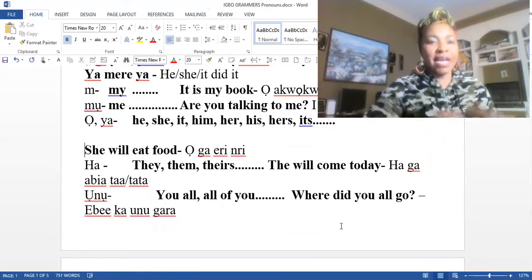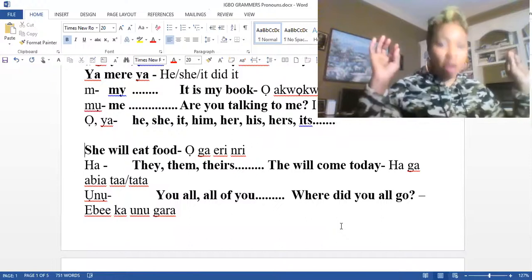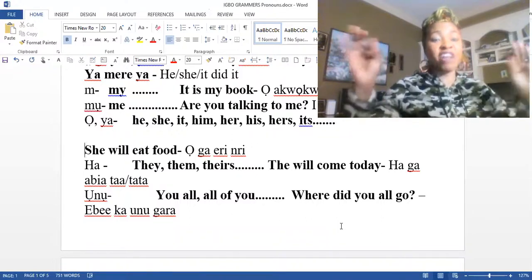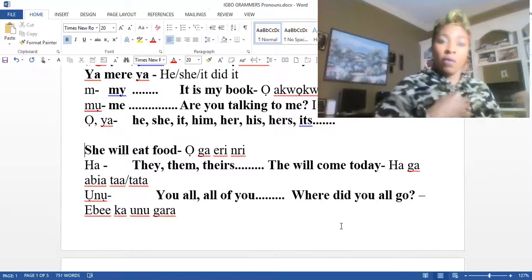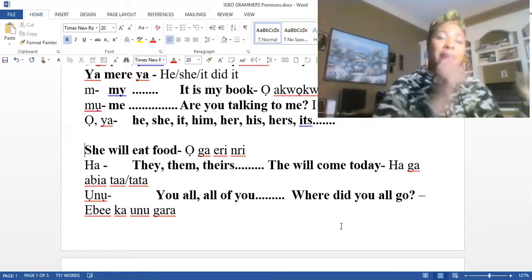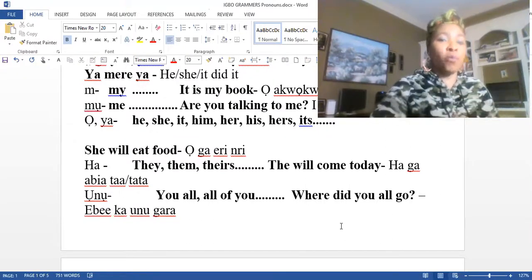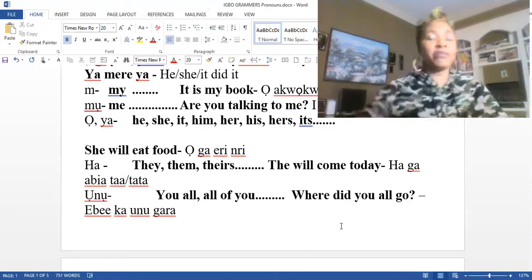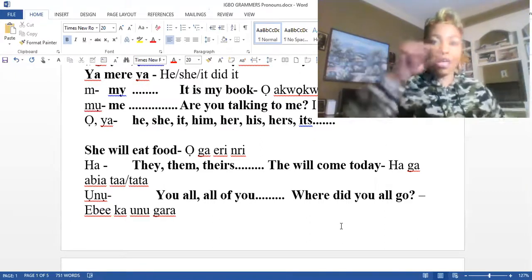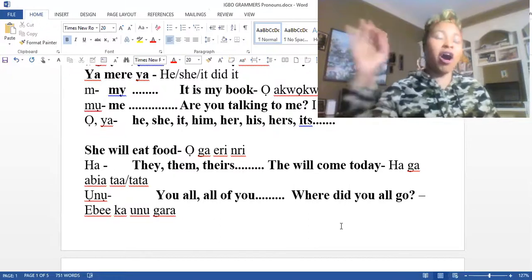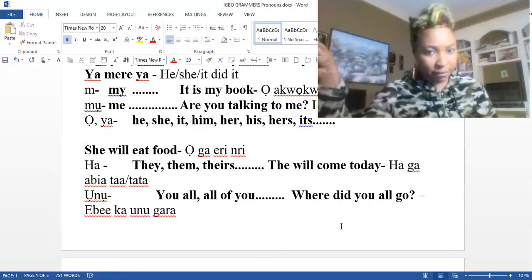Mama m ga-eri nri. Papa m ga-eri nri. It is ọ ga-eri nri. Nwanne papa m nwoke, my uncle, nwanne papa m nwanyị, my aunt ga-eri nri. Ọ is going to represent all of them. Ọ ga-eri nri. That is the pronoun.